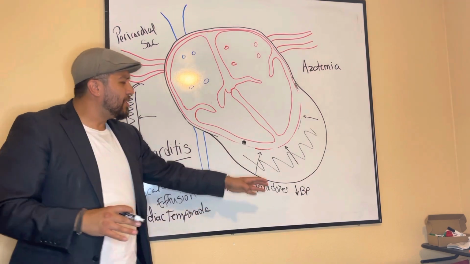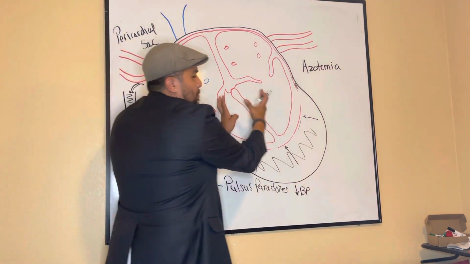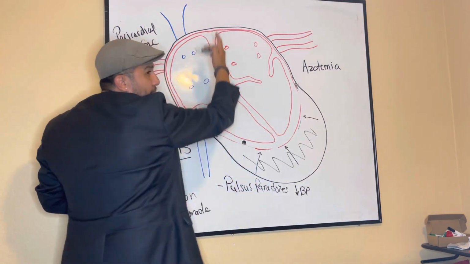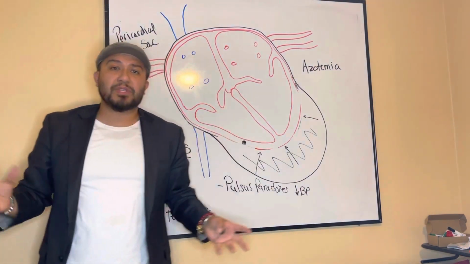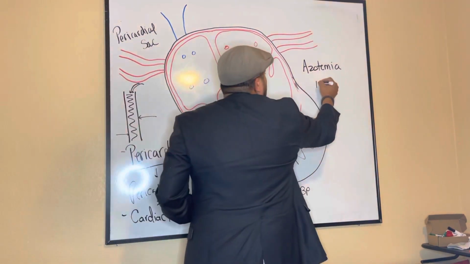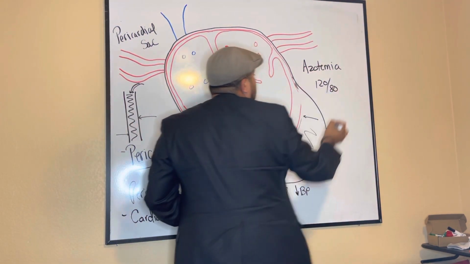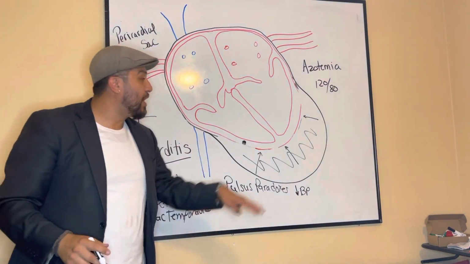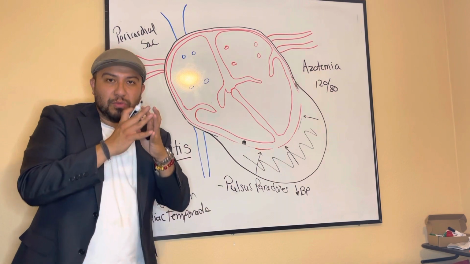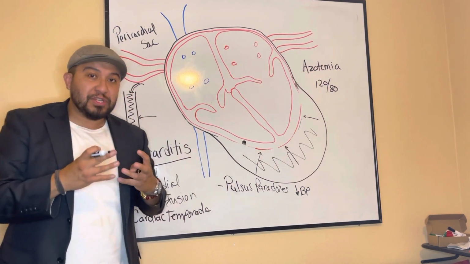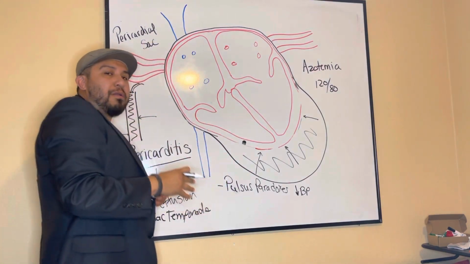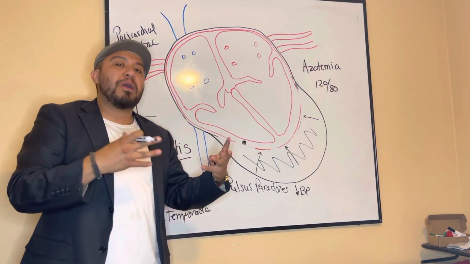Now, this happens because every time the heart recoils and contracts, it pushes blood through the aorta, and eventually through our systemic circulation, we check our blood pressure, and it's supposed to be around what? 120/80, correct? Well, in this particular case, when you have all this fluid surrounding the heart in its sac, it's not allowing the heart to recoil and contract efficiently, meaning that the chambers, the ventricles, the right and left ventricles, are not getting filled with the adequate amount of blood.